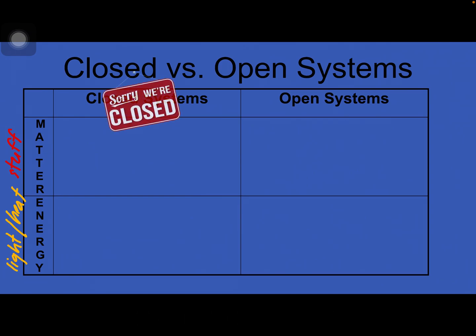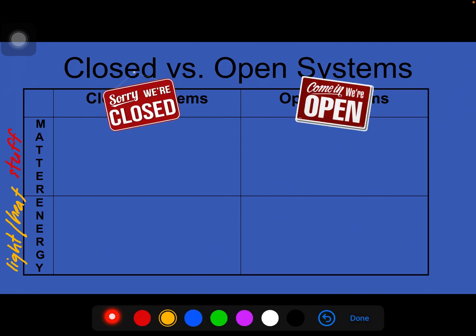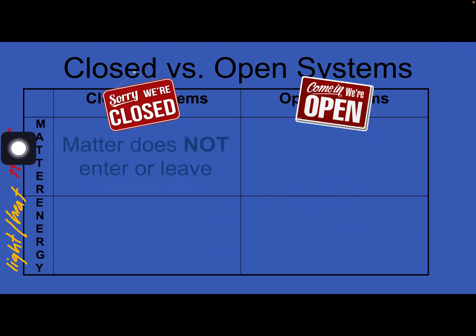So I really like to think about these. A great example is a gas station. I put these little images up there to give us that reminder. With the gas station, when the gas station is closed, think about it this way: there's no stuff that can enter in and out.